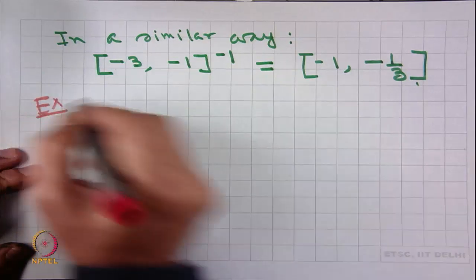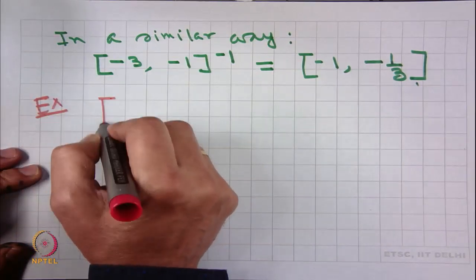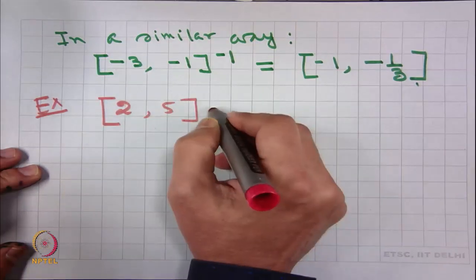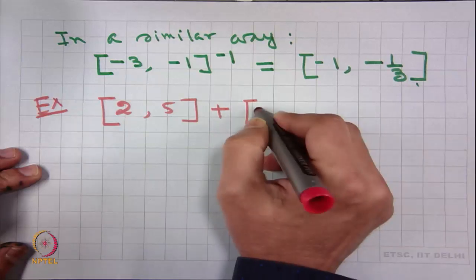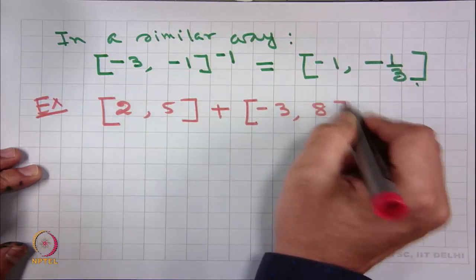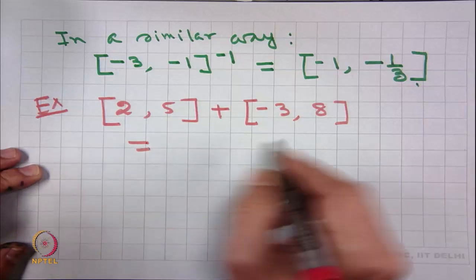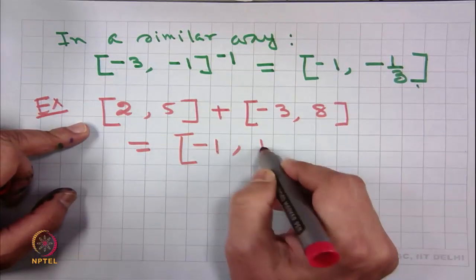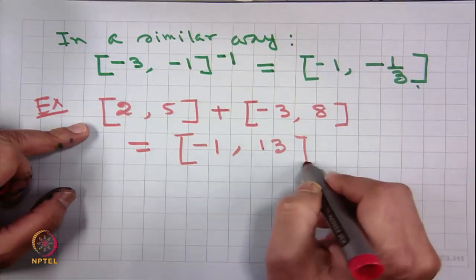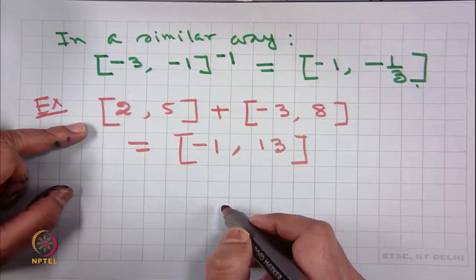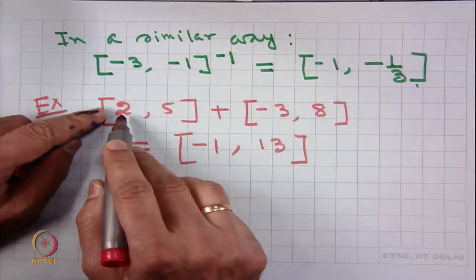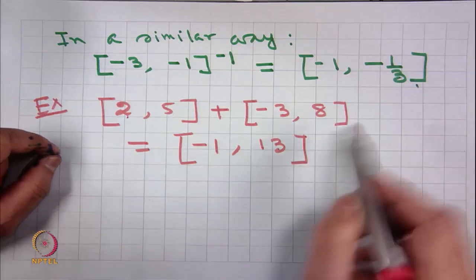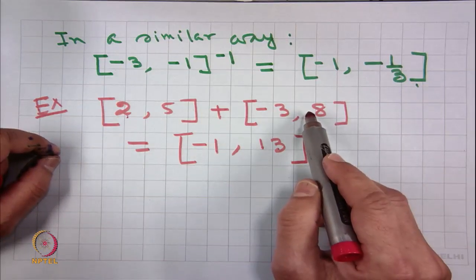Example for addition: [2, 5] plus [minus 3, 8] is equal to [minus 1, 13]. To understand that, suppose we take any arbitrary number from this interval and one arbitrary number from this interval.